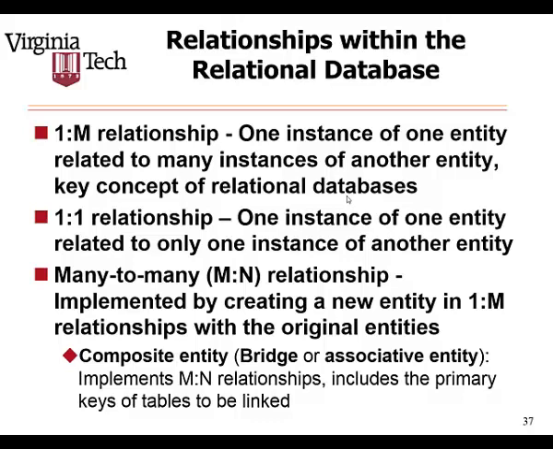A many-to-many relationship means that one instance of entity A is related to many instances of entity B, and one instance of entity B is related to many instances of entity A. M to N, a many-to-many relationship. In a relational database, many-to-many relationships cannot be implemented.